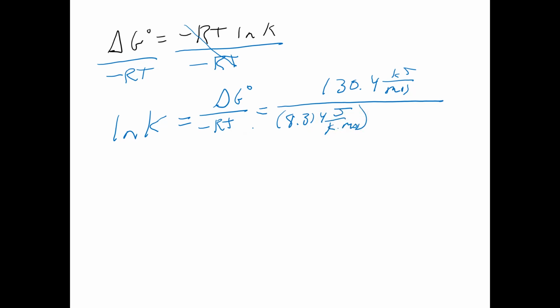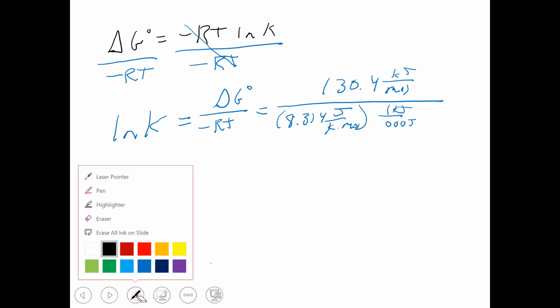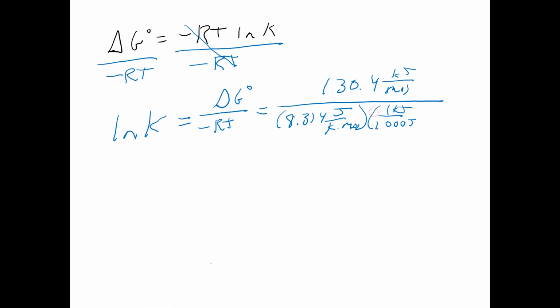R is in joules, but we need it in kilojoules because delta G is in kilojoules, so I'm going to put a conversion factor in here. And then T was 25 degrees Celsius, which is 298 Kelvin.